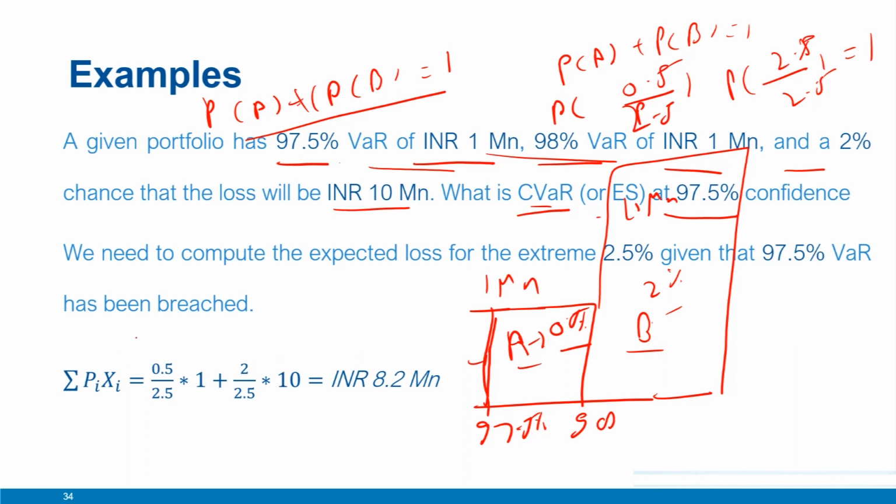In that case, our new expected loss would be PA, which is 0.5 upon 2.5, into 1 million, plus 2 upon 2.5 into 10 million, which is equal to 8.2. What is this 8.2 million? This 8.2 is our expected loss given that our VaR of 97.5% is breached. That means given that this level were to breach at 1 million, what is the possible scenario, and that value, 8.2 million, is our expectation of loss.